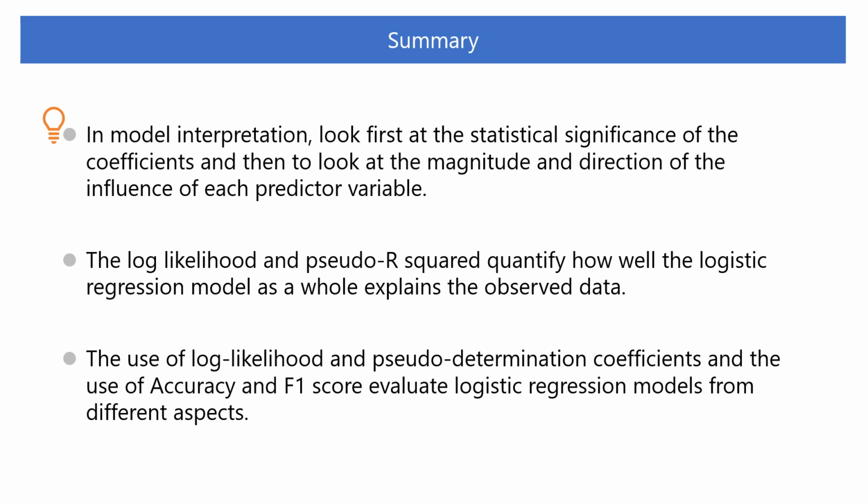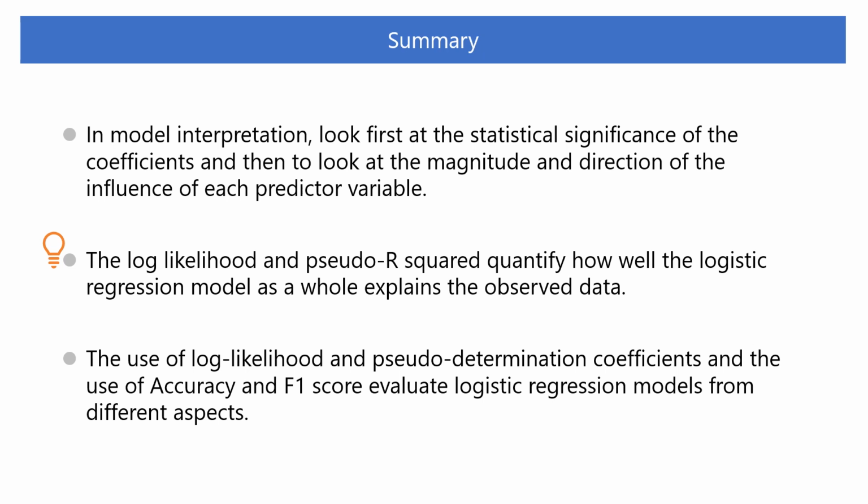It is also important to look not only at the explanatory power of each coefficient individually, but also at the explanatory power of the model as a whole. The log likelihood and pseudo R-squared quantify how well the logistic regression model as a whole explains the observed data.